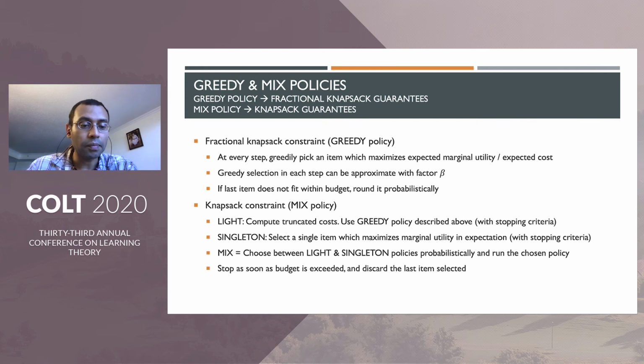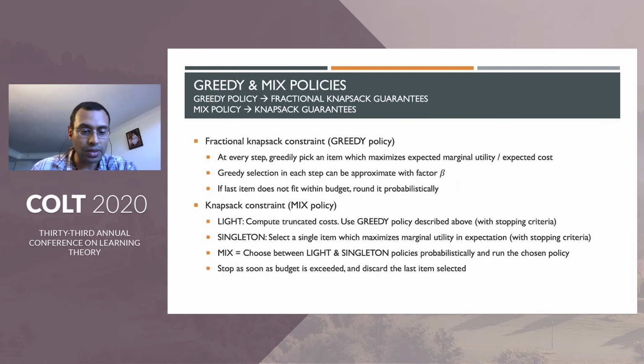The second idea is that we choose a single item that maximizes marginal utility in expectation without worrying about cost at all. That's the second component. The mixed policy is a probabilistic mix of these two policies: with some probability it chooses light, with the complementary probability it chooses singleton.